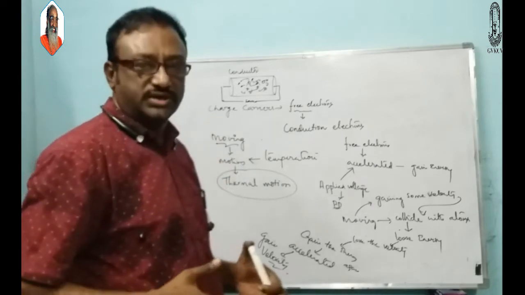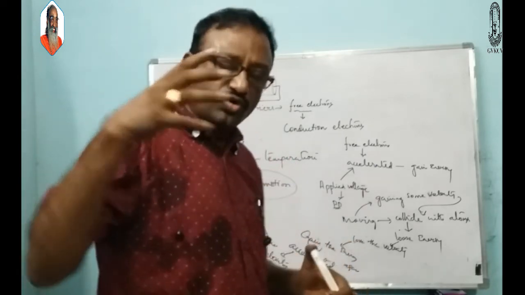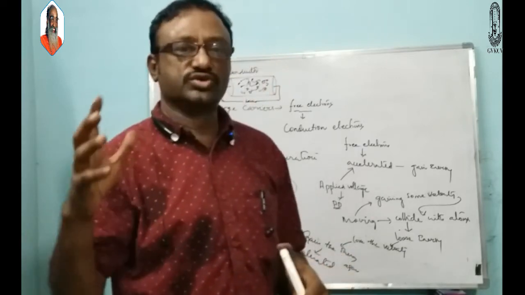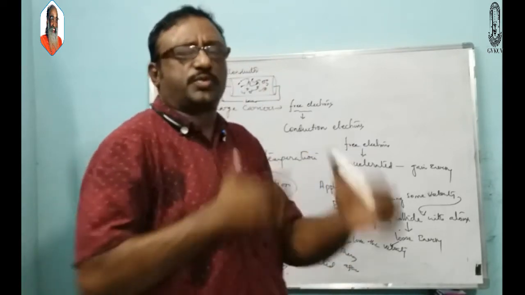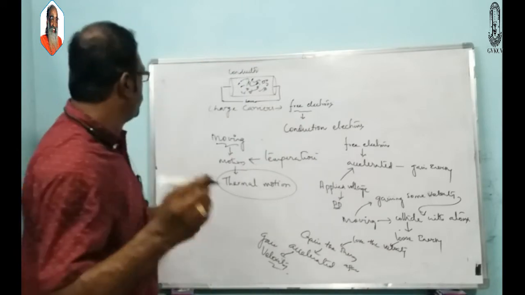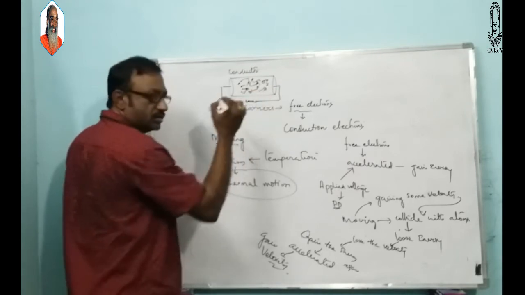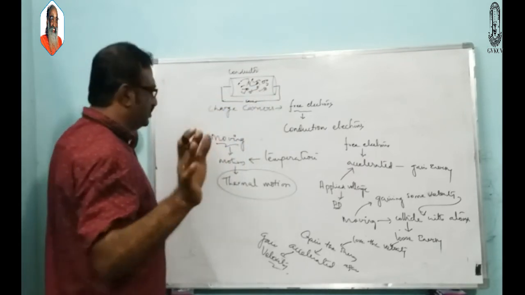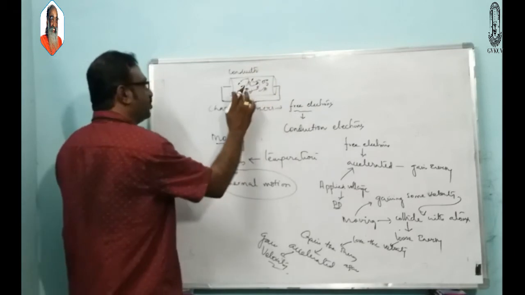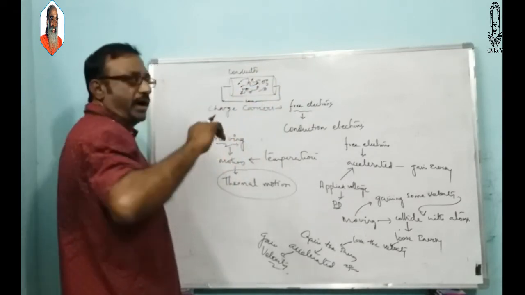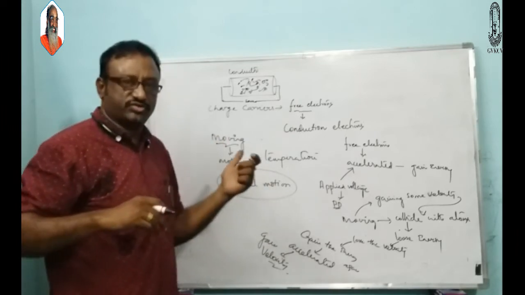After gaining the velocity, they again go and collide with the atoms. After colliding with the atoms, they lose the energy. This process continues. So the free electrons keep going and colliding, losing energy, and gaining energy because of the potential difference applied.